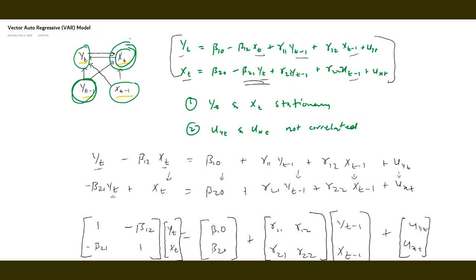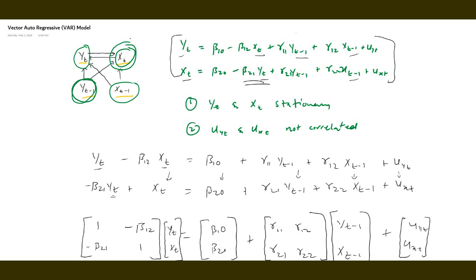For example, the law of demand. Demand is caused by changes in prices. If prices increase, quantity demanded will decrease. So we have a theory. If we take yt as quantity demanded and xt as the prices, we have a theory backing this model.